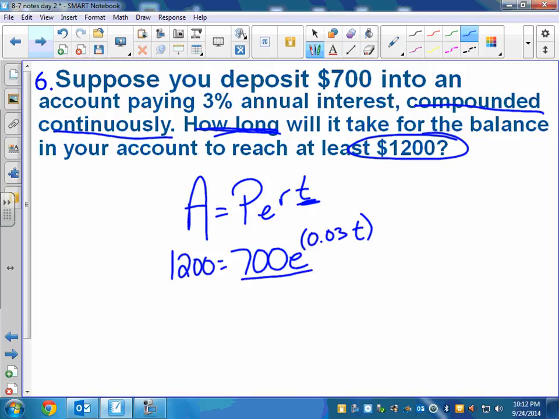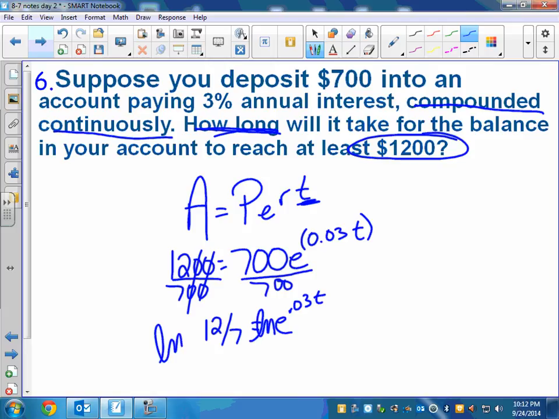So I'm going to divide by 700. And I'm going to get 12 over 7 equals e to the 0.03t. And just like we did before, when we see e, what are we going to do? To undo e, we're going to ln both sides. So I'm going to get that the ln of 12 over 7, this side, the ln of e is going to cancel out, and I'm going to get 0.03t.